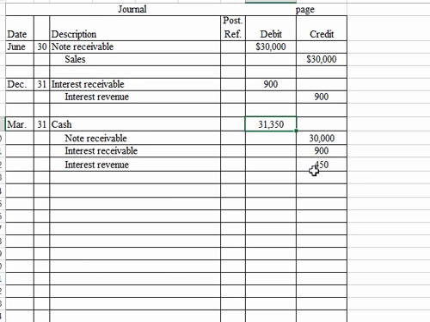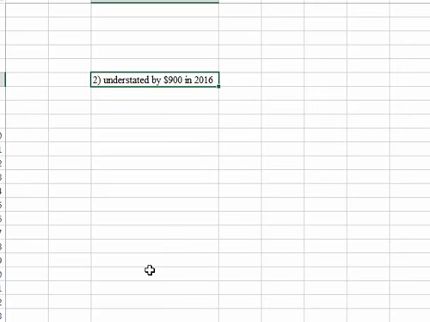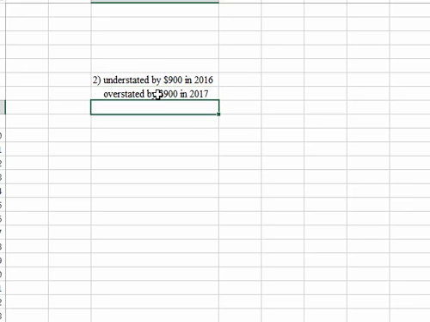Instead of just the $450 in 2017, an extra $900 in interest revenue would have been recorded in 2017. So in 2017, income would have been overstated by $900 again in 2017.